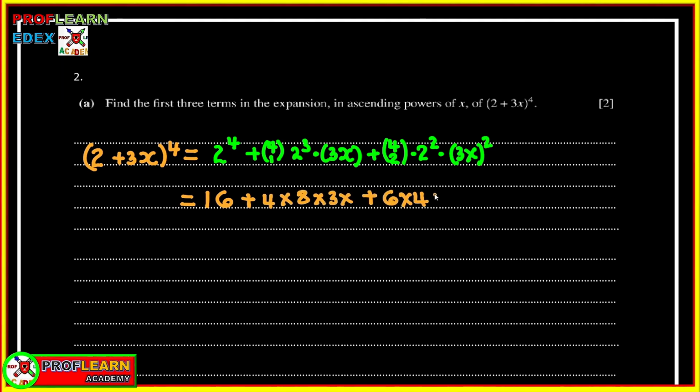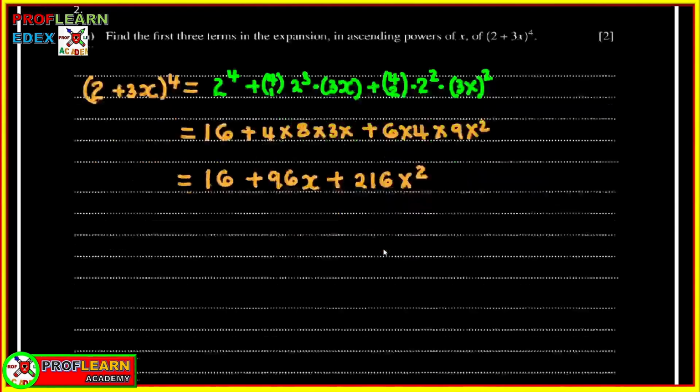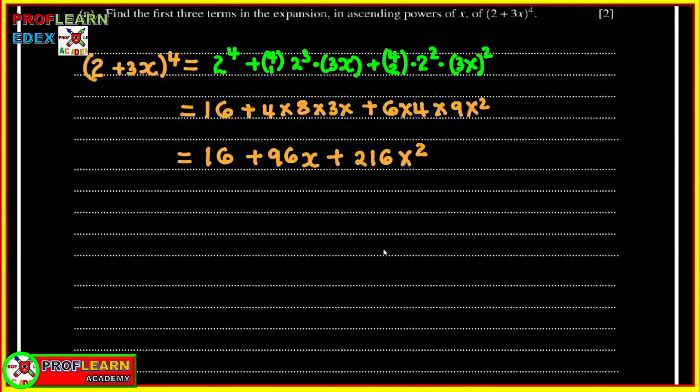And 4 combination 2 is 6, times 4, then times 9 raised to power 2. So this simplifies to 16 plus 96x, then plus 216x squared. This is the first part of the equation.